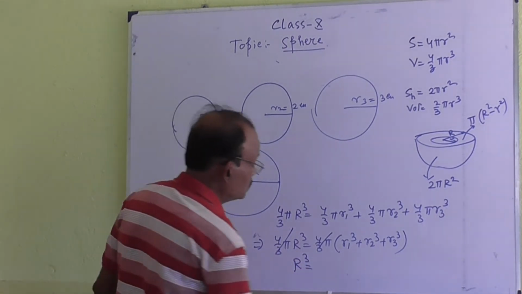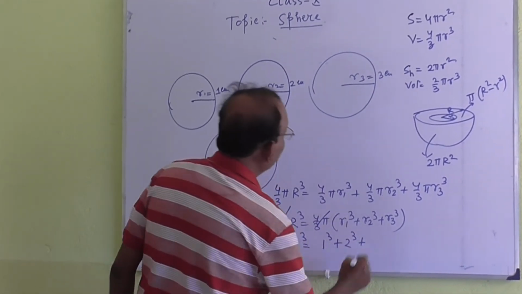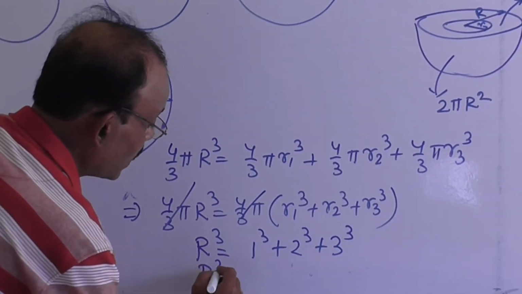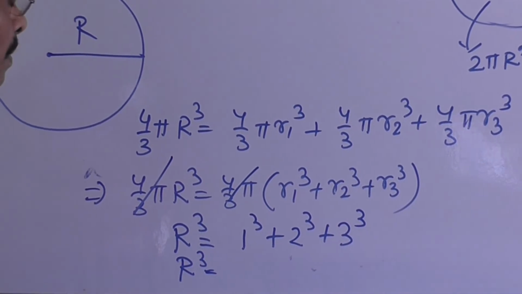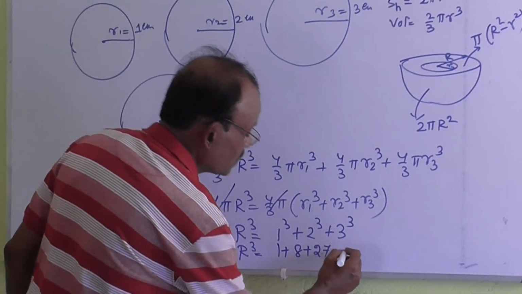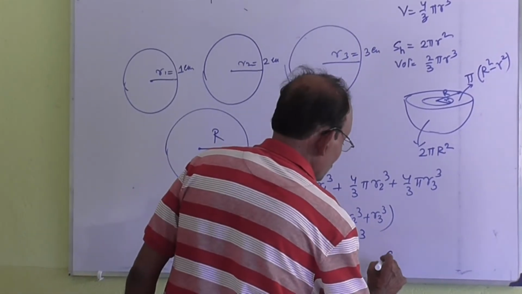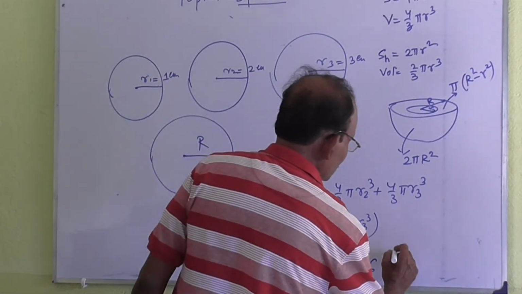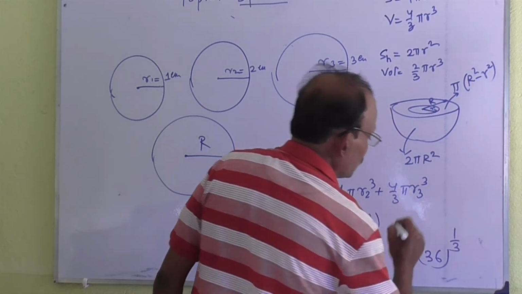R cube equal to 1 cube plus 2 cube plus 3 cube. So, we have 1 plus 8 plus 27. So, capital R will be 36 whole to the power 1 by 3.